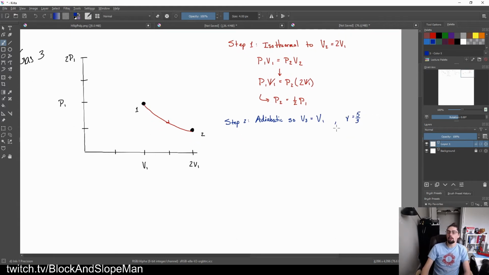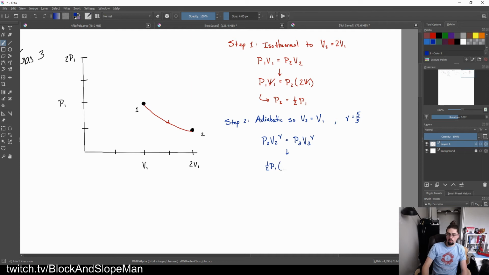So what I'm going to do is essentially the exact same steps here, but now it's with the adiabat equation. So P2 V2 to the gamma power is equal to P3 V3 to the gamma power. Start plugging in some of these things that we actually know. We know that P2 is actually 1/2 of P1.